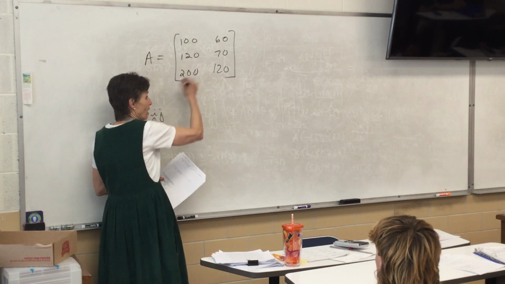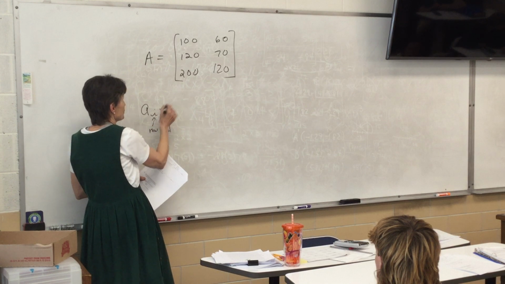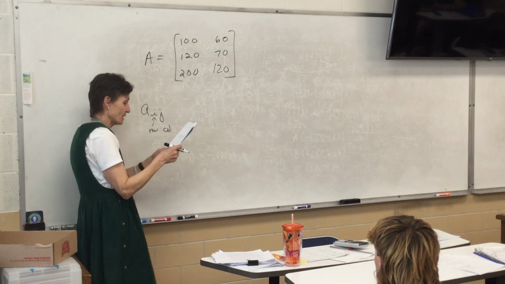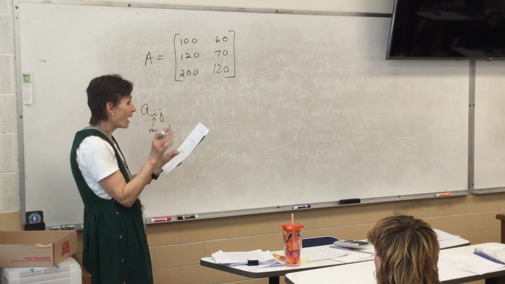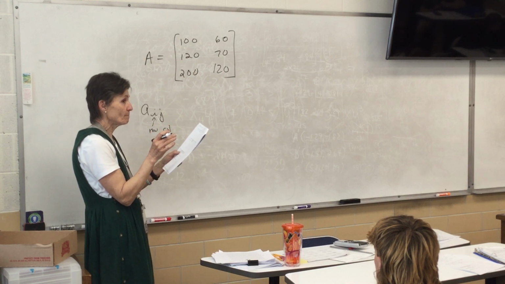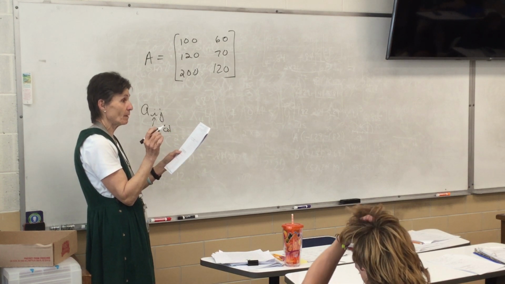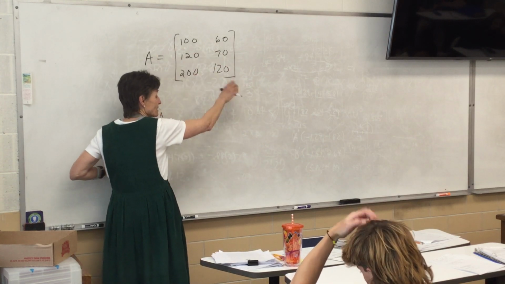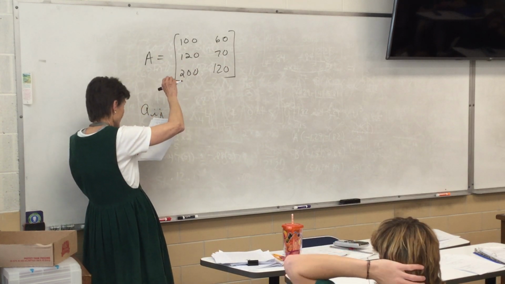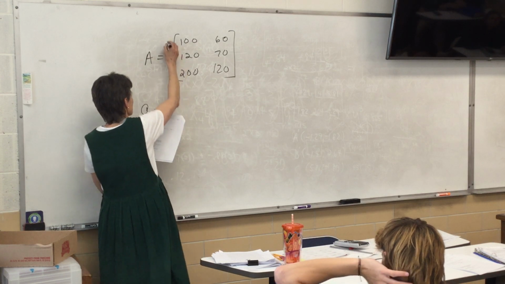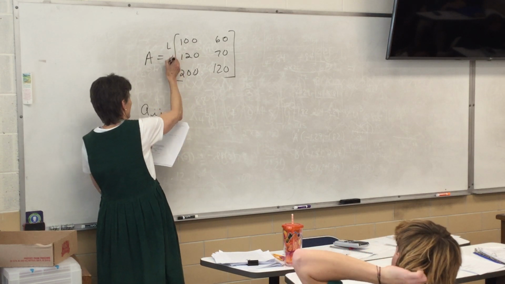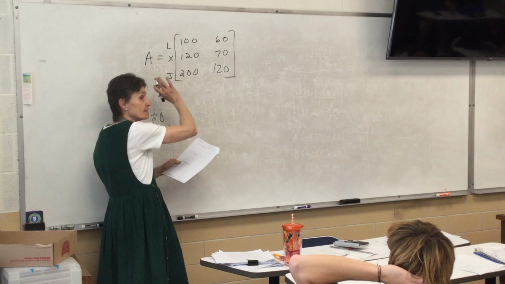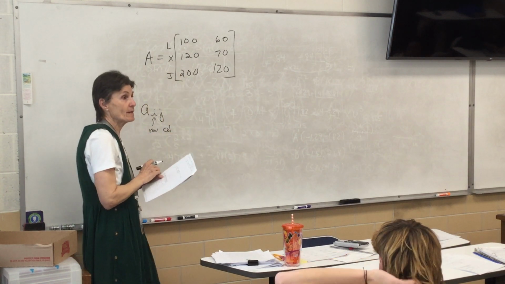So the rows are the I part, the J's are the column part. And what does I represent in this problem? The type of eggs. So the rows are the types of eggs. So this is large, extra large, and jumbo. That's the type of eggs that we have.